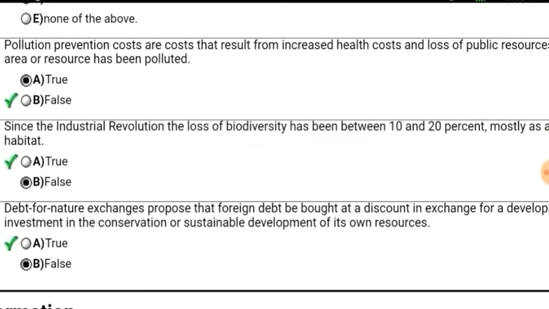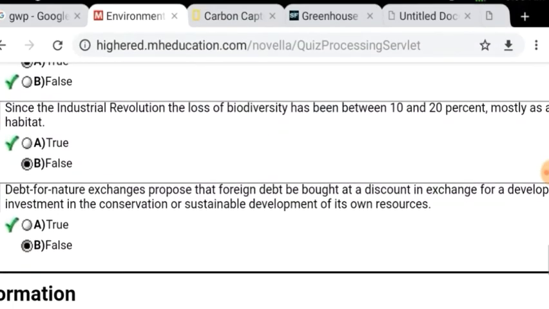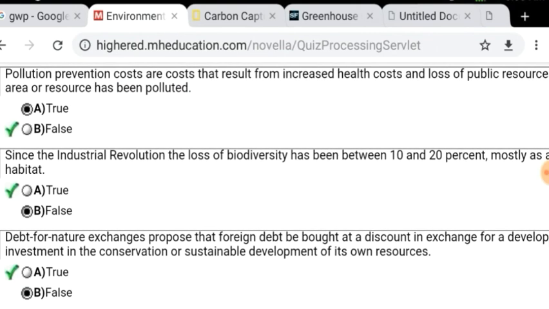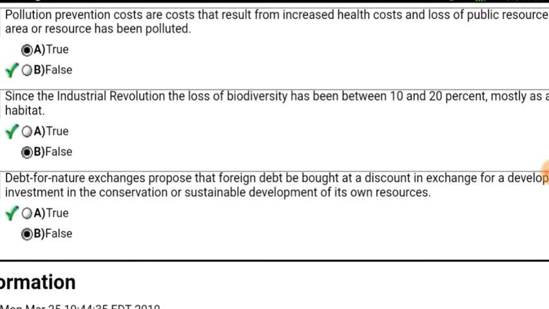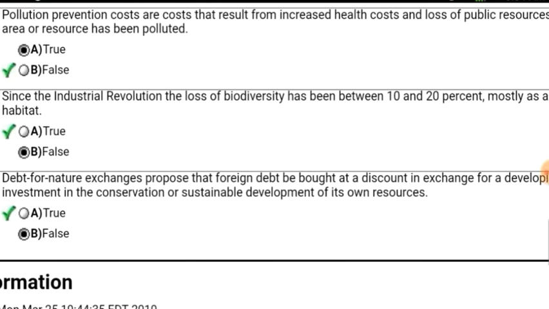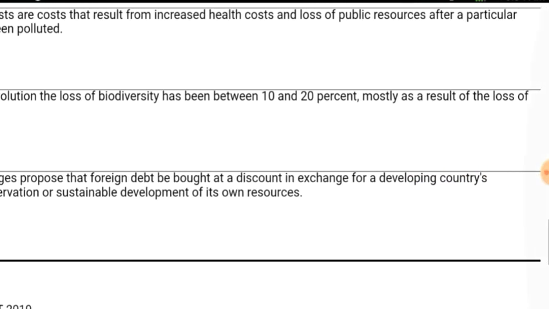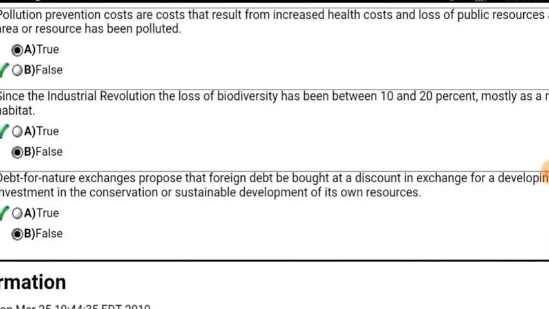Pollution prevention costs are costs that result from increased health costs and loss of public resources after a particular area or resource has been polluted. True or false? It is false.